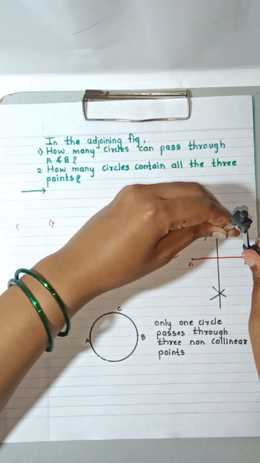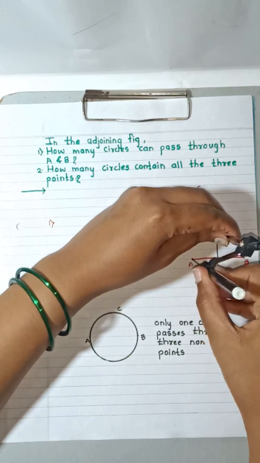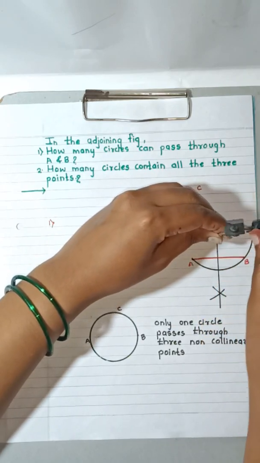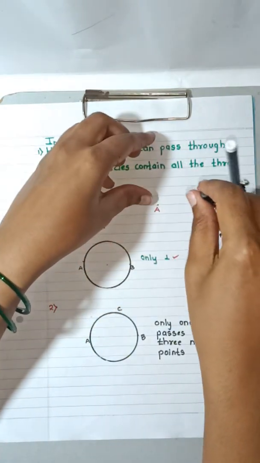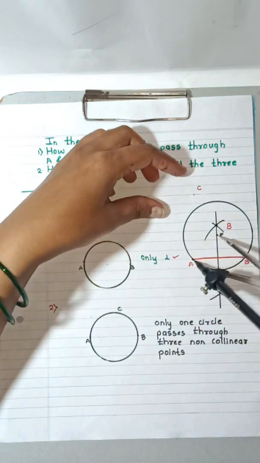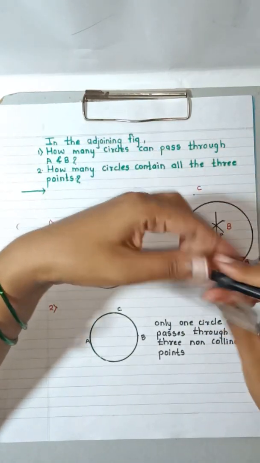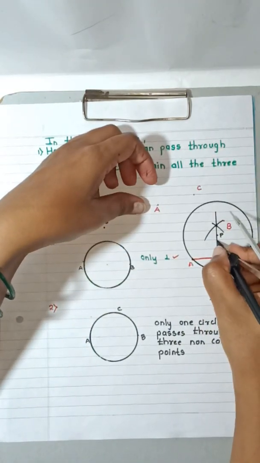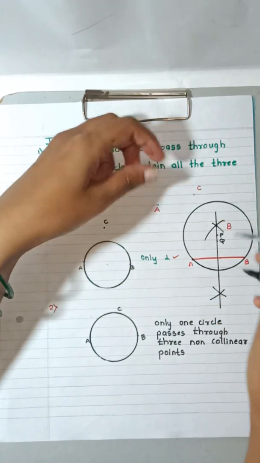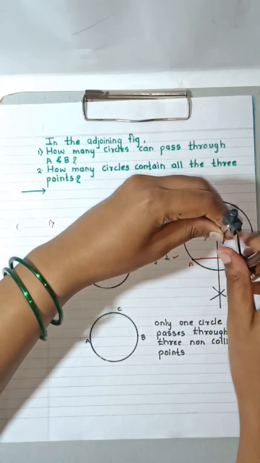I can draw a circle passing through this, no? You can see here. So this is my first circle. Now if I take point Q over here, I can draw the next circle passing through it.